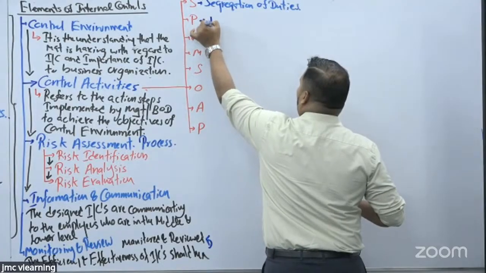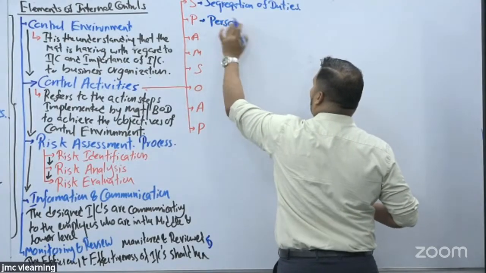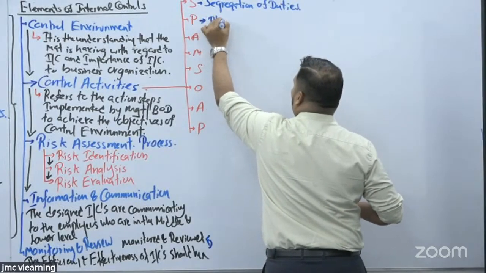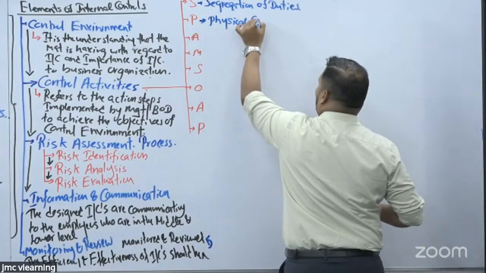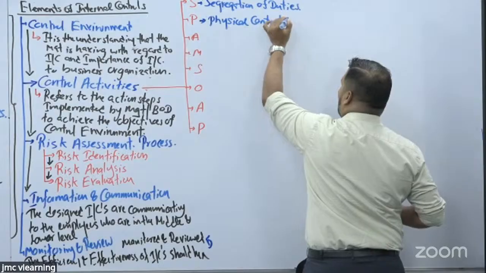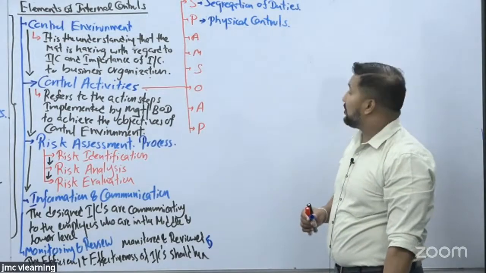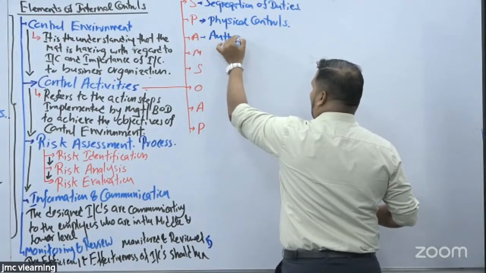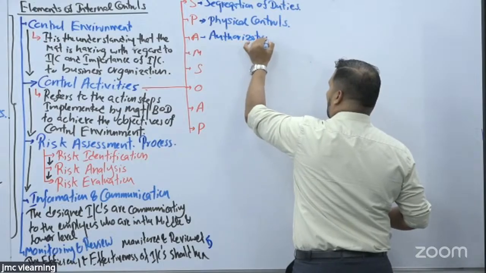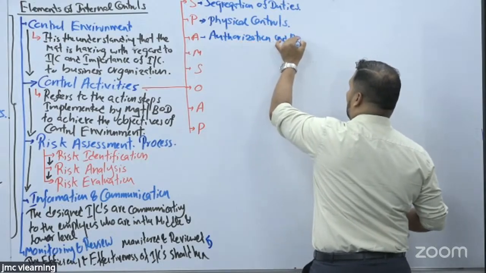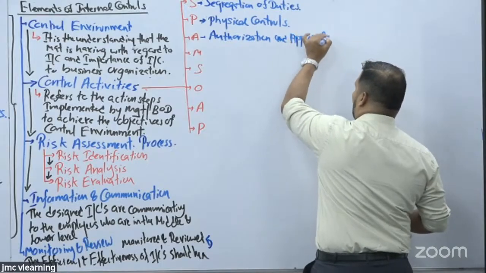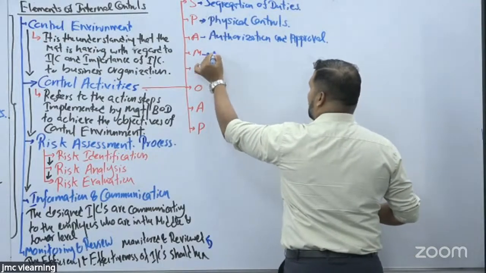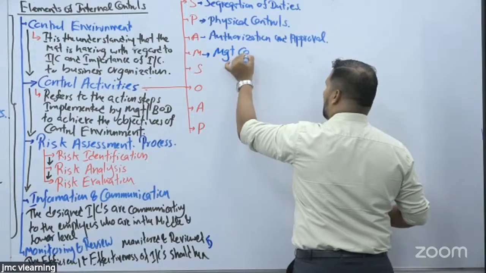Number 2, P stands for physical controls. A stands for authorization and approval. M stands for management controls.